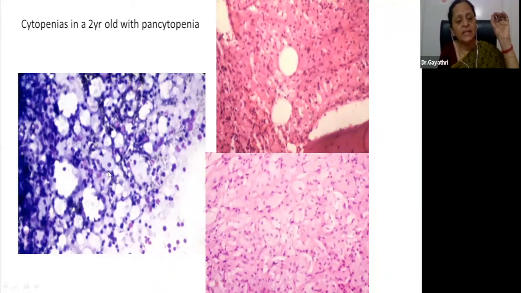Unless I focus, I suspect these little things, if I ignore these nuclei on low magnification, I will miss that each one of them is showing a certain kind of pattern of negative staining, these round emptiness around these nuclei. These are all cells which on sections are classical storage cells. Now you go back and look at these. Each one of them is a Gaucher cell.